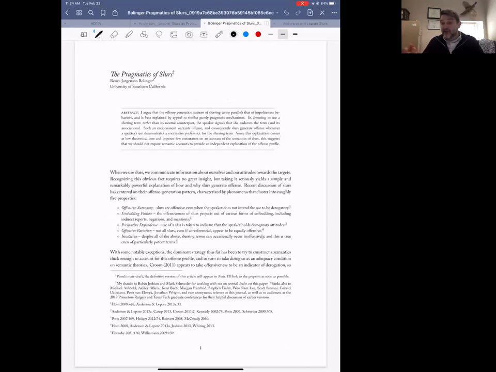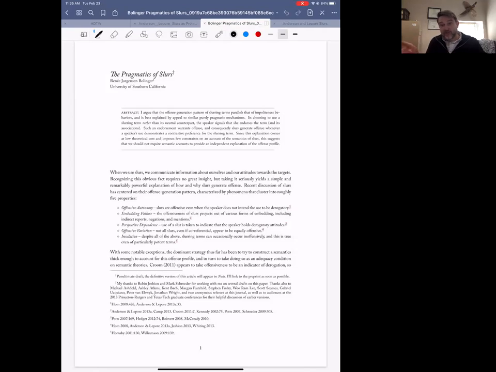I will say the second reading that you have this week, the Bollinger piece, is similar in some ways to the Anderson and Lepore piece. So essentially what Bollinger suggests is that slurs are essentially words that we could use instead of a neutral counterpart.